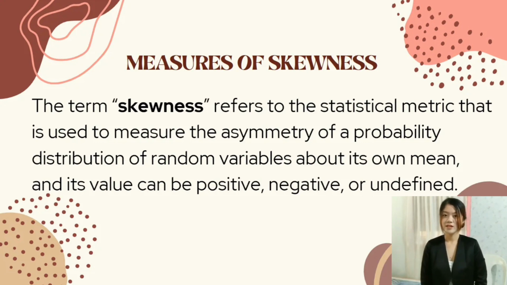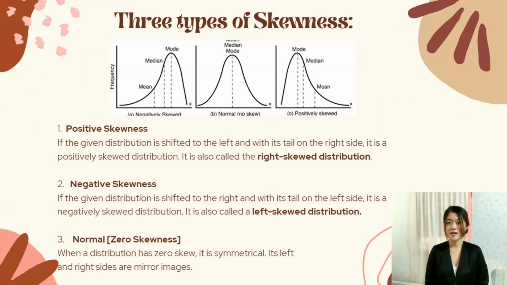The calculation of the skewness equation is done on the basis of the mean of the distribution, the number of variables, and the standard deviation of the distribution. There are 3 types of skewness: positive, negative, and normal.